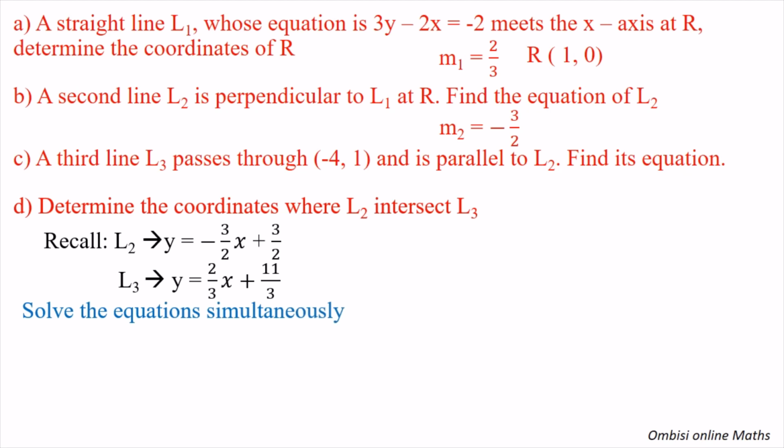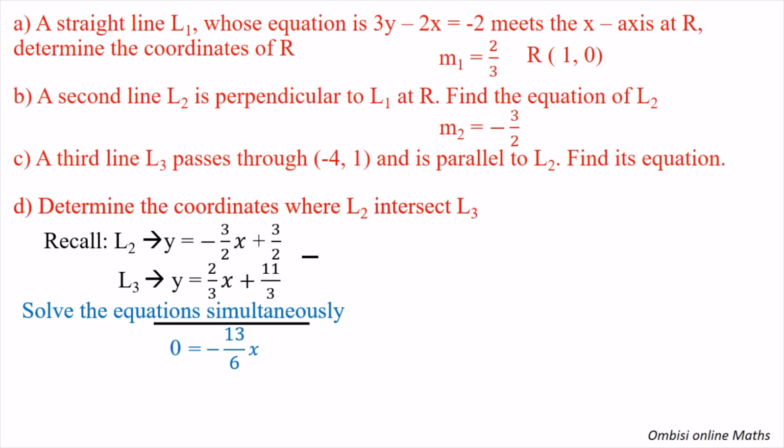So, we will solve the equations simultaneously, and this one is by subtracting. When you subtract y minus y, you will get 0 equals negative 3 over 2x minus 2 over 3x, and this one you get negative 13 over 6x.